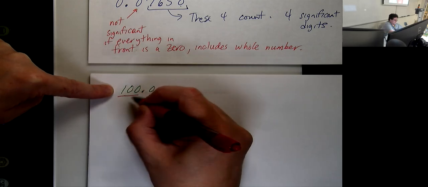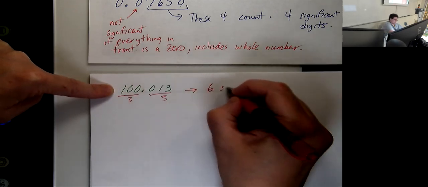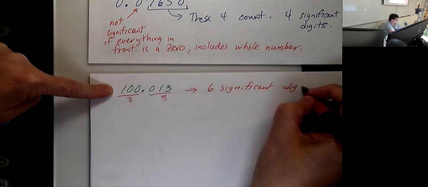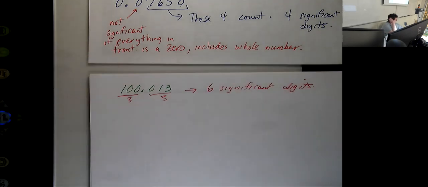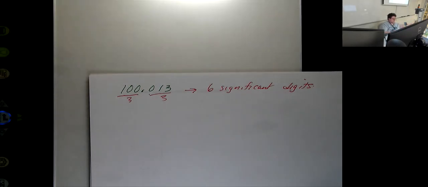So there's 3 here, there's 3 here. That leads to 6 significant digits. That's how significant digits work.